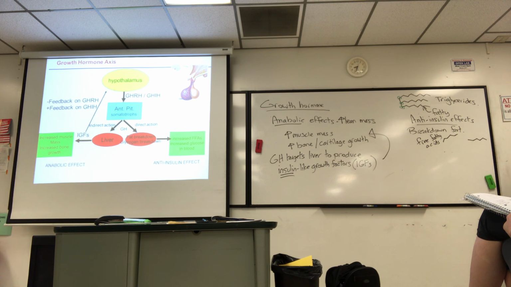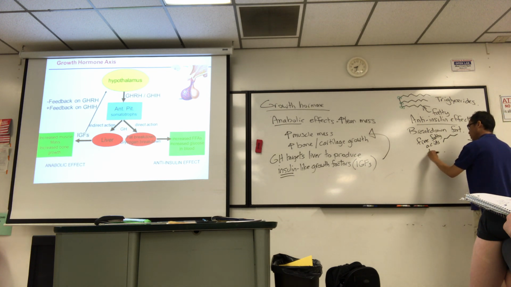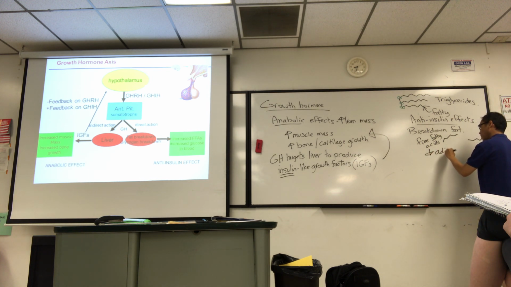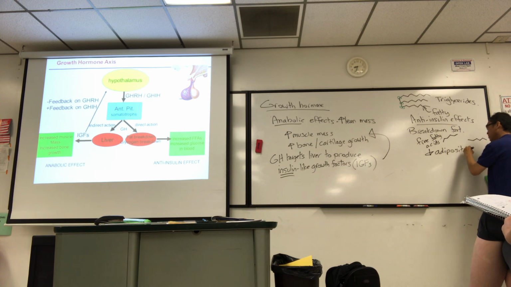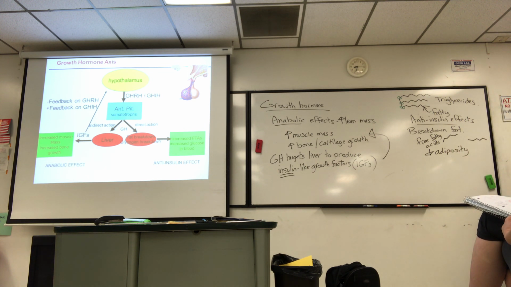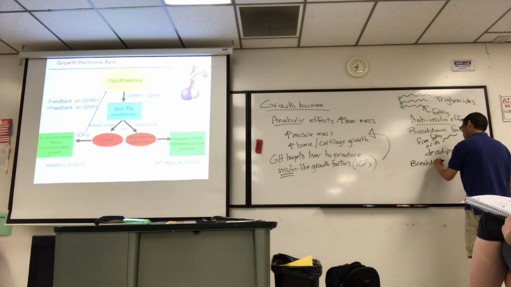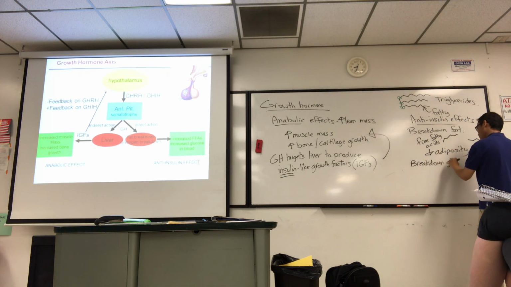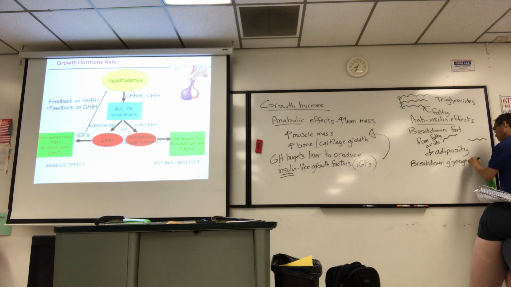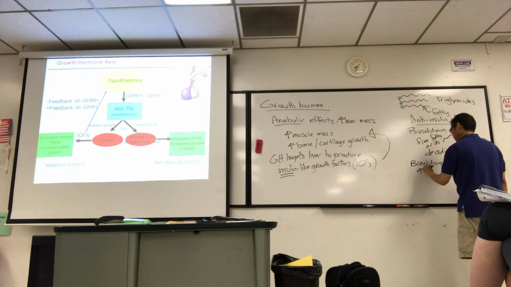So basically, you're decreasing adiposity of the body fats, right? You're breaking it down. Decrease adiposity, which is just a fancy way of saying break down fat. And the other fuel source you need is glucose. So you're going to basically deplete your glycogen stores. I'll say break down glycogen, increase blood glucose.